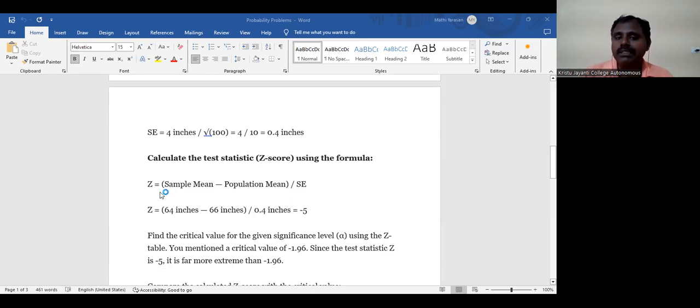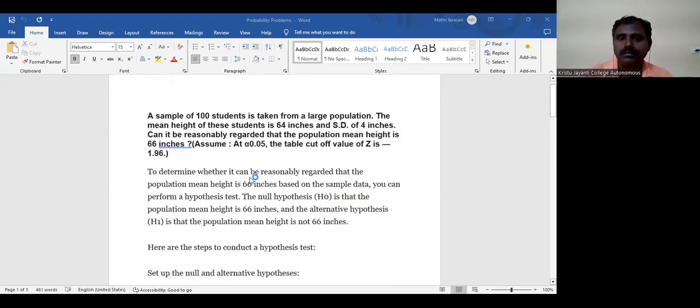Now we have to find the Z value. We calculated the Z value in the previous problem also. Last class I explained Z equals X minus mu divided by sigma. That value only we are calculating here. Here the sample mean value of 64 inches is given in the question itself, the mean height of these students.